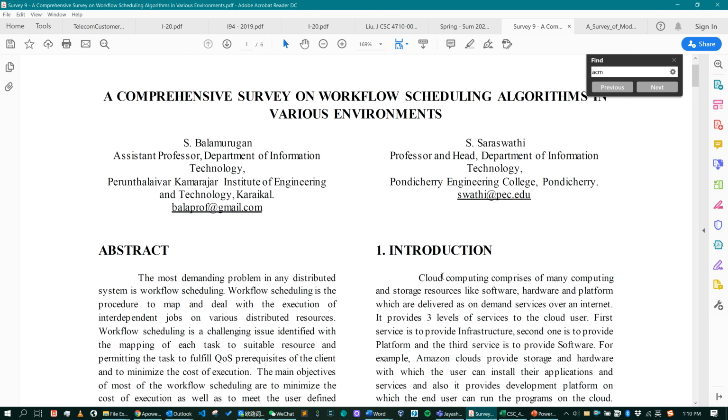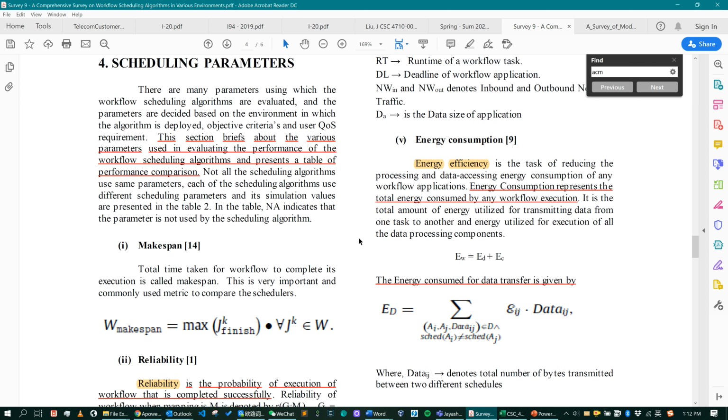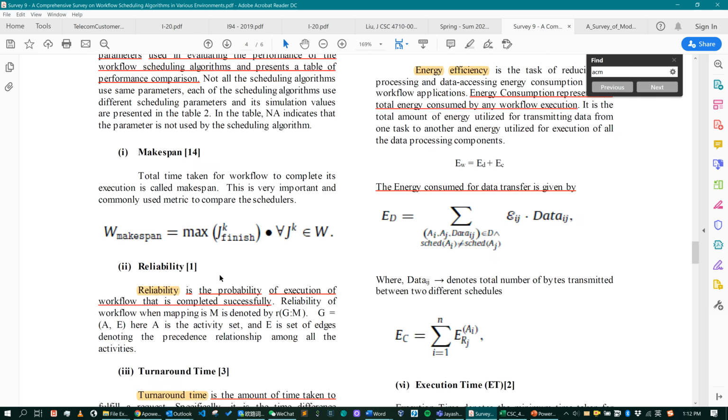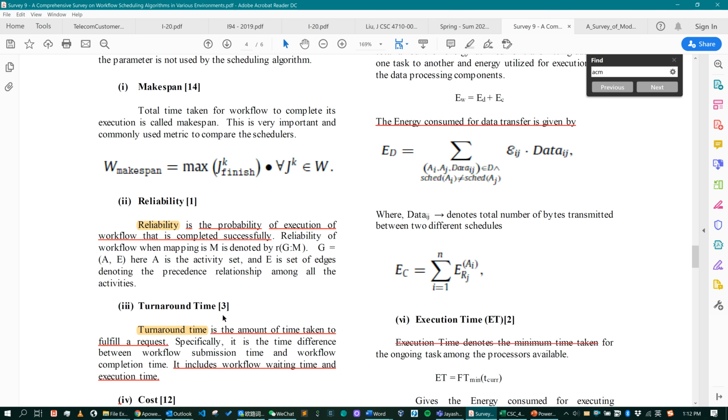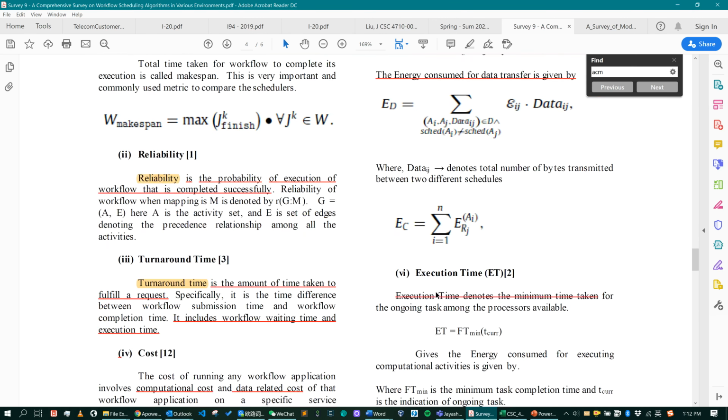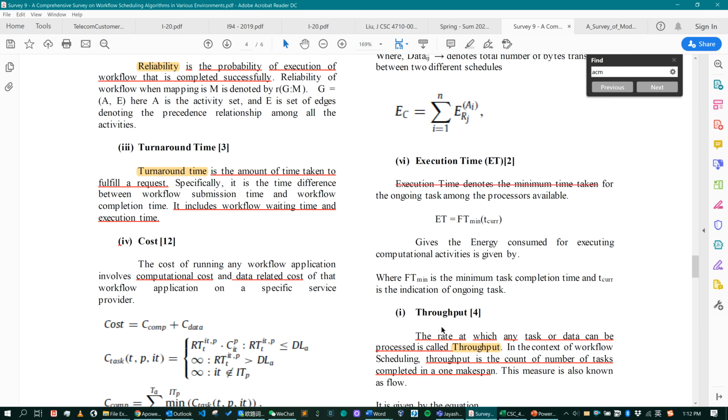And furthermore, they introduce scheduling parameters. In other words, they are performance metrics, which assess the performance of every workflow scheduling algorithm on specific issues or specific tasks. For example, they have makespan, reliability, turnaround, cost, as well as energy, execution time, and throughput.